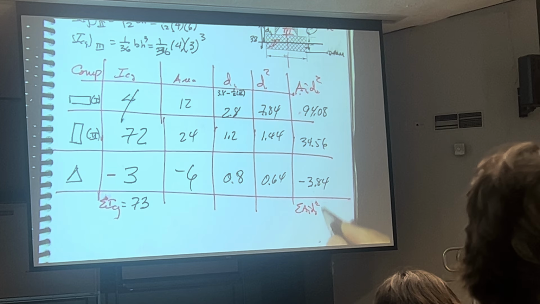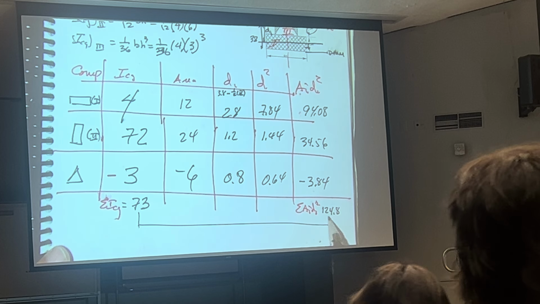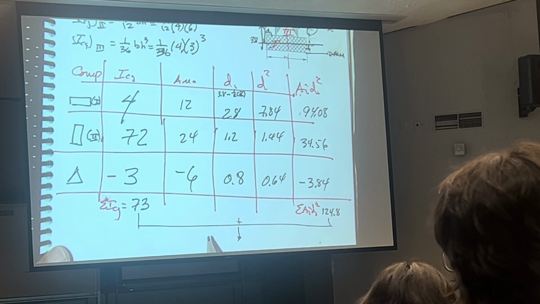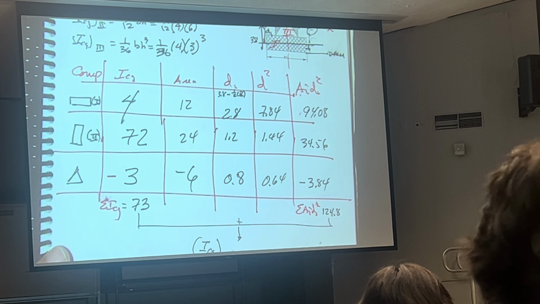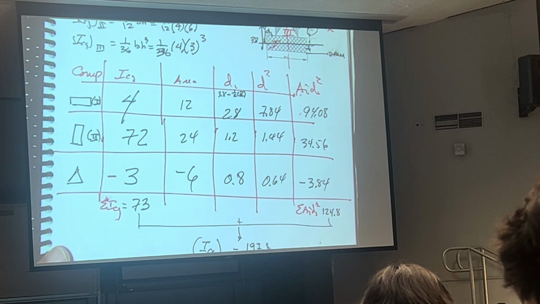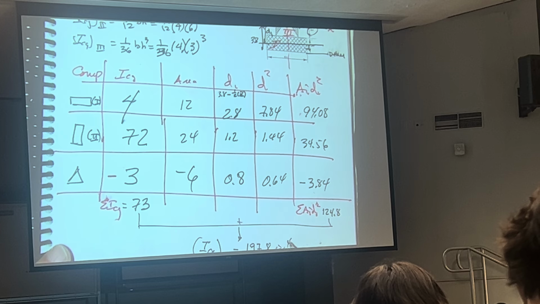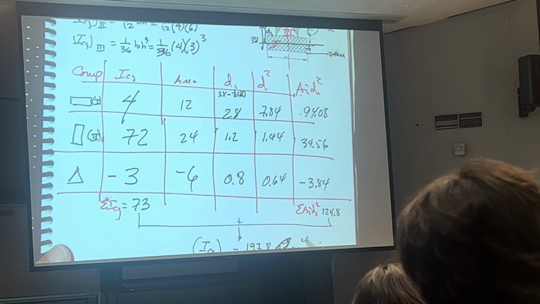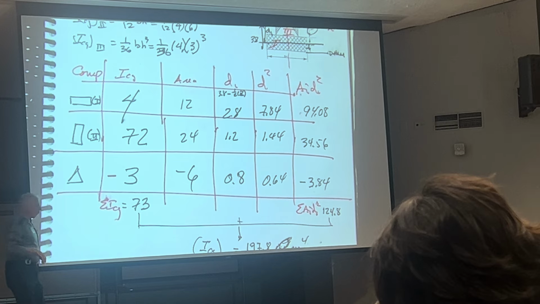Sum this, 124.8. Now you sum these two together, and you'll have the ICG about the x-axis is equal to 197.8 inches to the 4, or actually it's meters to the 4.